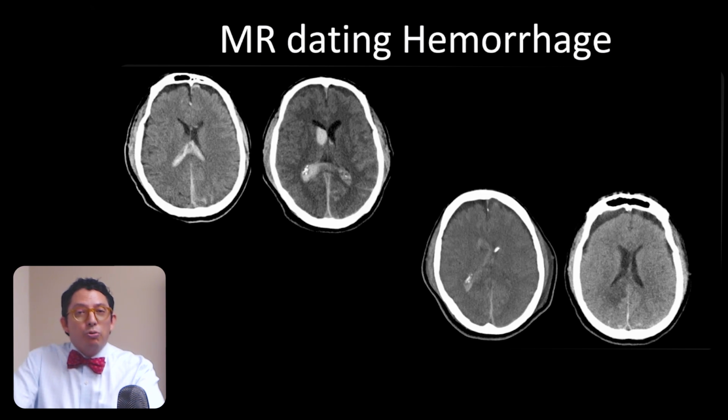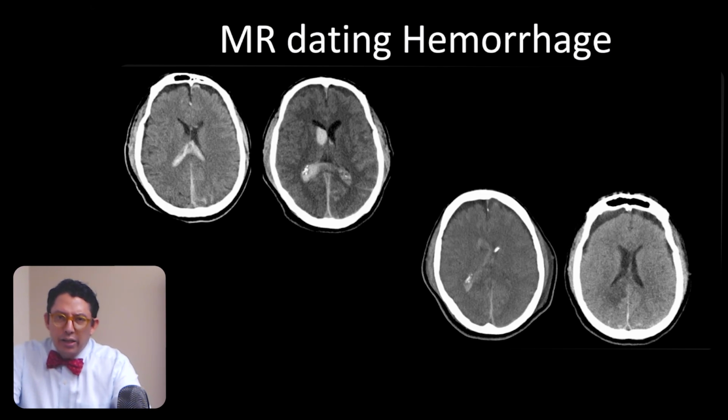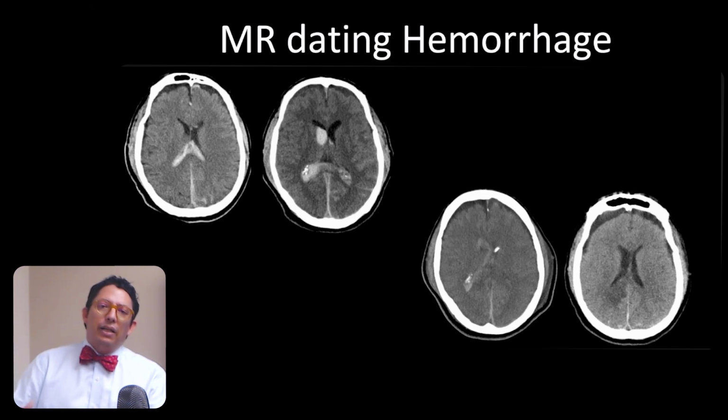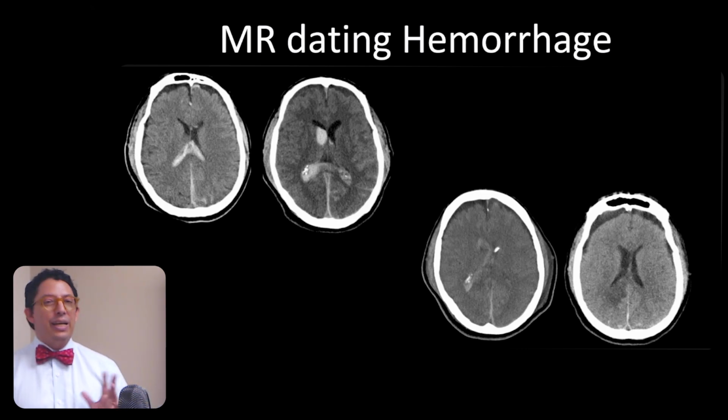And so dating a bleed is sometimes tough. Typically, very hyperdense bleeds tend to be acute, and as they become chronic, after a few weeks, they will start becoming very hypodense until they lose all the iron and become completely hypodense. But dating them is not easy.